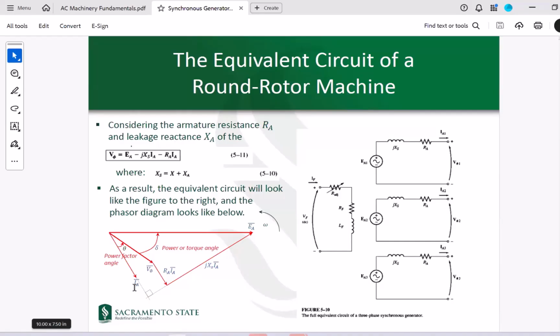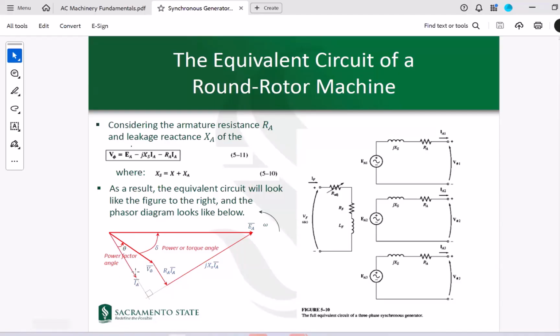The difference of the angles between these two determines the power factor of your machine. This is determined by this theta angle here. With respect to this counterclockwise rotation, do we have a leading or lagging power factor in this diagram? We have a lagging power factor, because your IA lags the voltage.